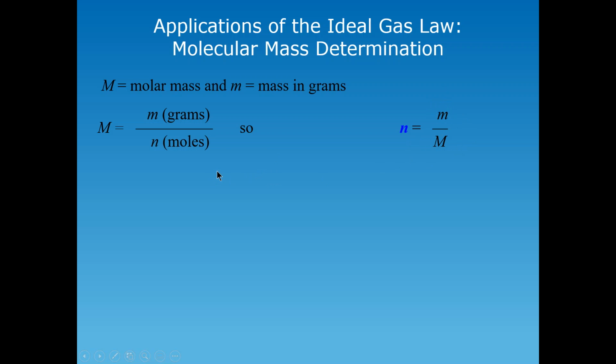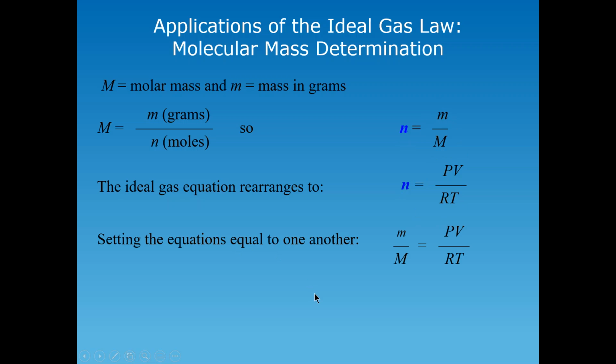Now, as far as the ideal gas equation is concerned, we can rearrange that also to get an expression for n. n, in this case, would be equal to PV over RT. So we have n equal to these two expressions, so we can equate them to each other like that. Then we can rearrange it to get an expression for uppercase M, the molar mass.